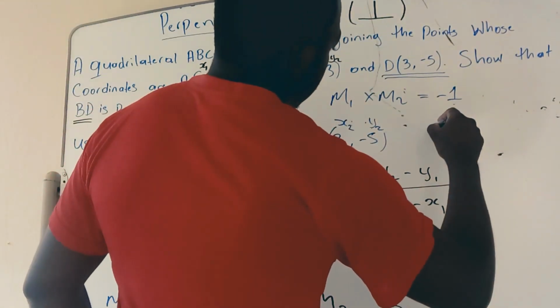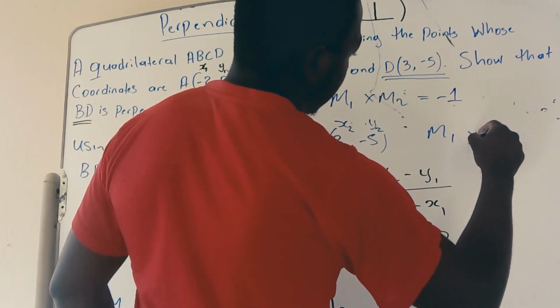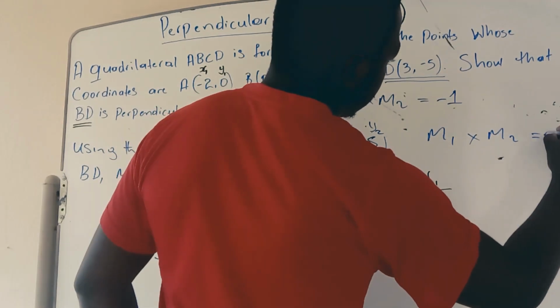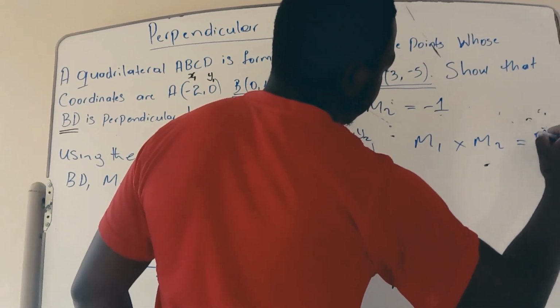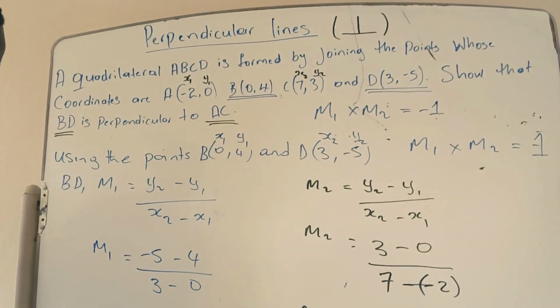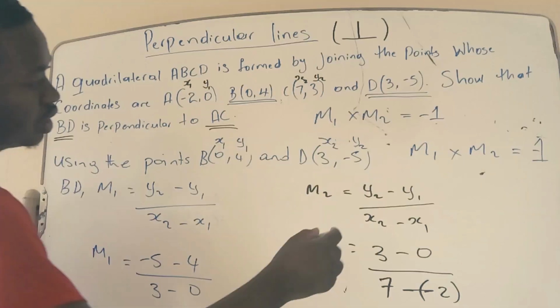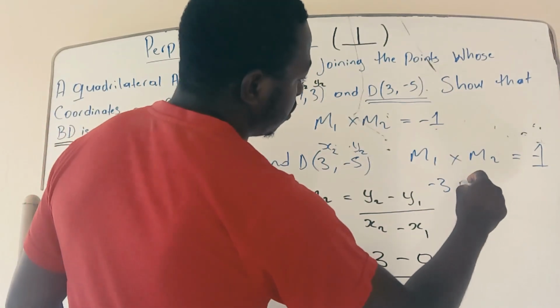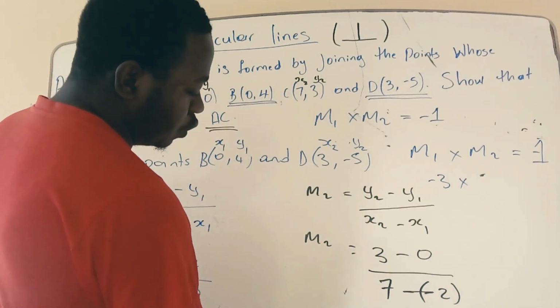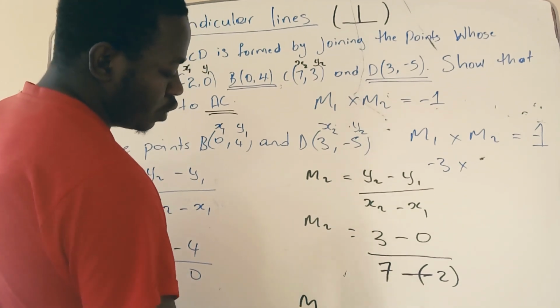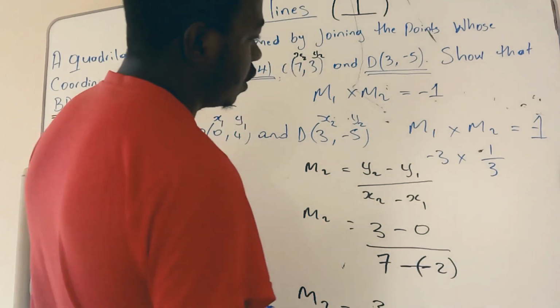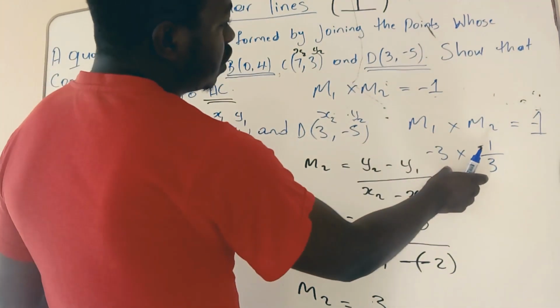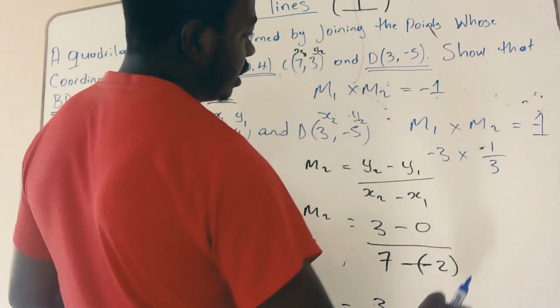So M1 times M2 should equal negative 1. M1, based on our calculation, is negative 3. So this is negative 3 multiplied by M2, which is 1 over 3. Now, when we multiply this, we should get negative 1.